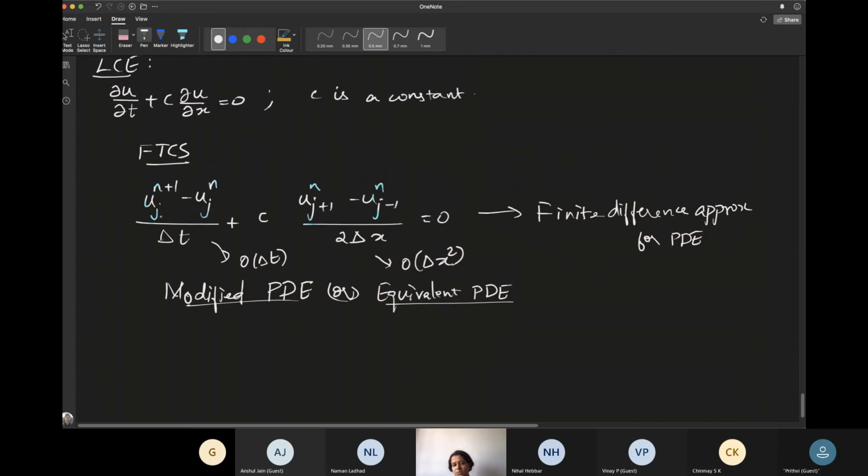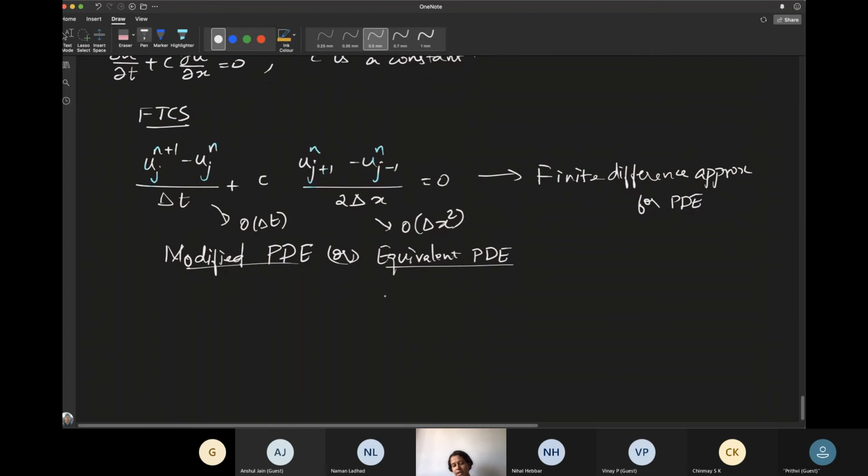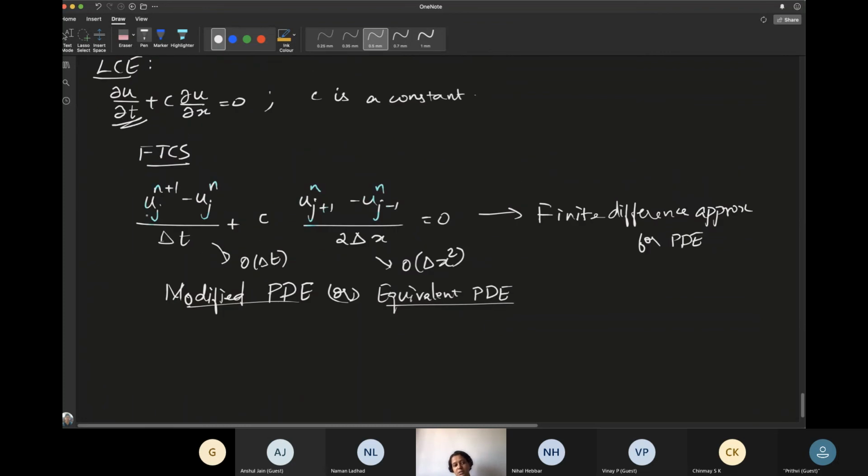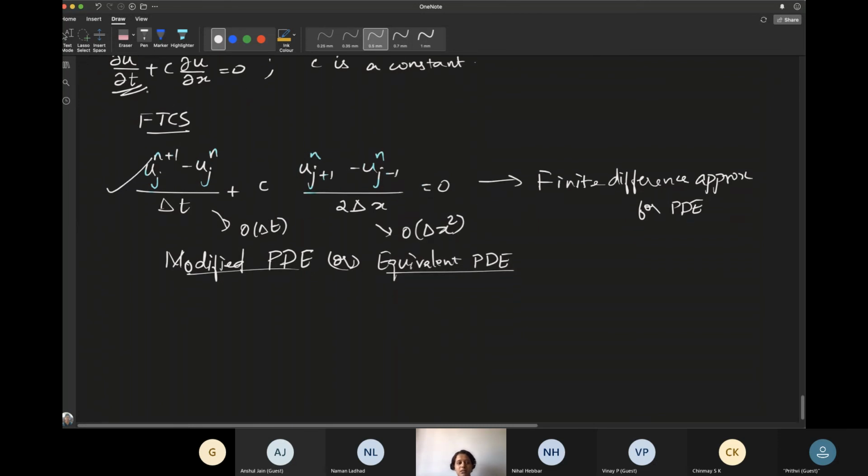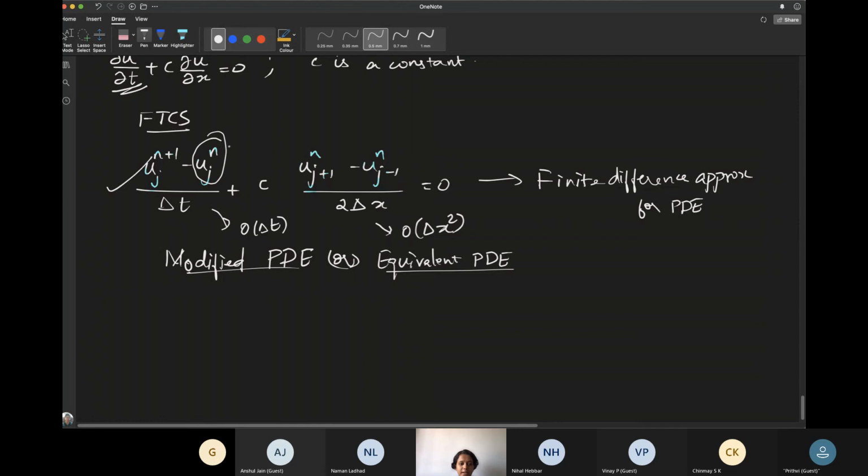For this equation, it's quite simple to just say it. But sometimes you don't actually represent each of these by some known differences. Instead, you can have something random. That is, now I can replace this u j by half into u j plus 1 n plus half into u j minus 1 n. This way you can formulate a different scheme.